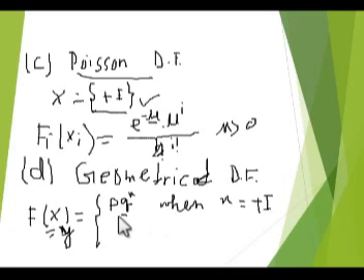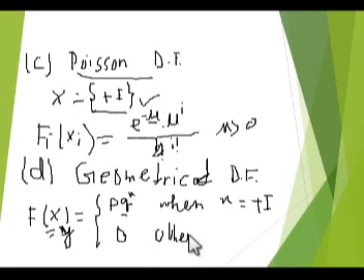p and q lie between 0 and 1. So here p can be 1 in the geometric distribution function, p can be 1 or less than 1, and q can of course be 0 or less than 1, and it is equal to 0 otherwise. Otherwise means if you don't find it in the defined region, then it will be 0.